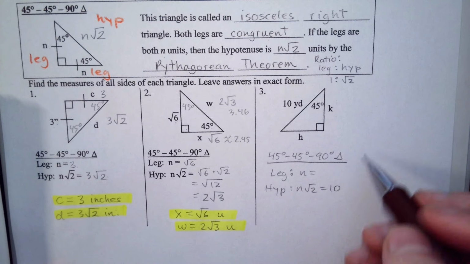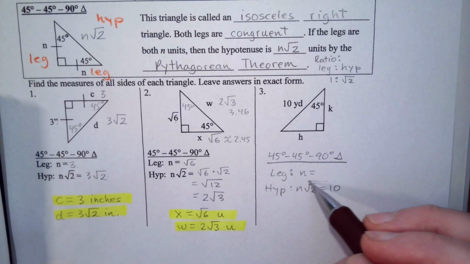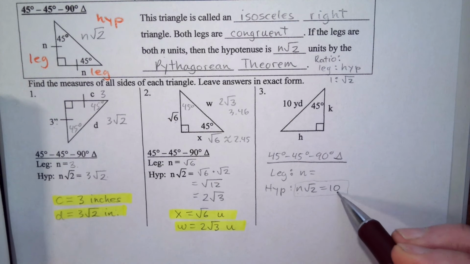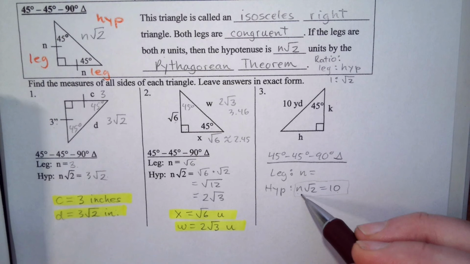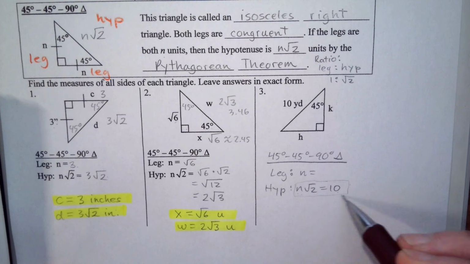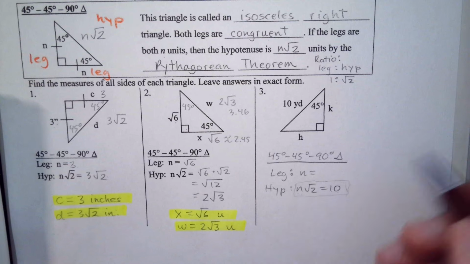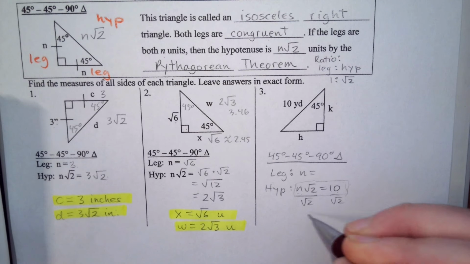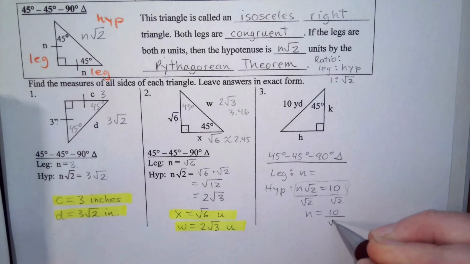Now by making you show your work like this, what you have here is what I call a mini equation. The leg times root 2 is equal to the hypotenuse. So all I've got to do is solve for n. So you've built in an equation to solve for the unknown variable. So we're going to divide both sides by root 2. So n equals 10 divided by root 2.